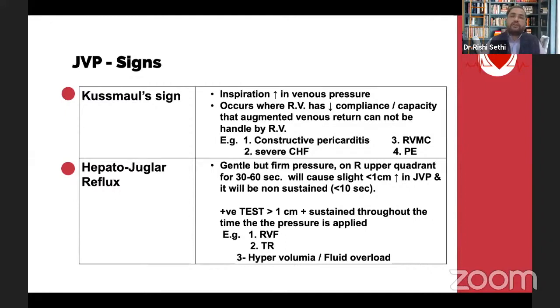In hepatojugular reflux, the positive response is when you apply this firm pressure for 30 to 60 seconds, the rise of the JVP is more than 1 centimeter, and it is sustained throughout the time the pressure is applied. And that is the finding of imminent right heart failure, tricuspid regurgitation, or hypervolemia or fluid overload.